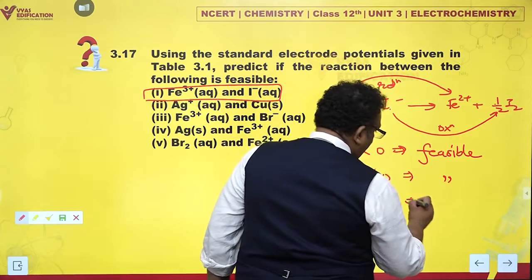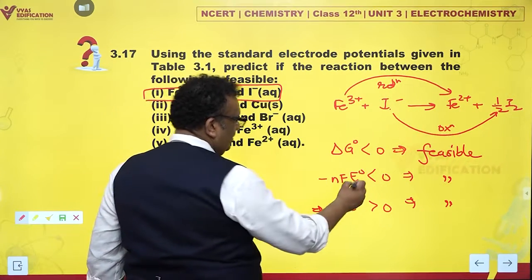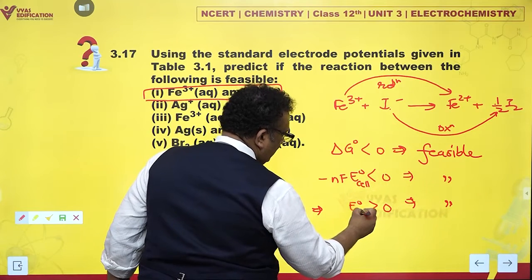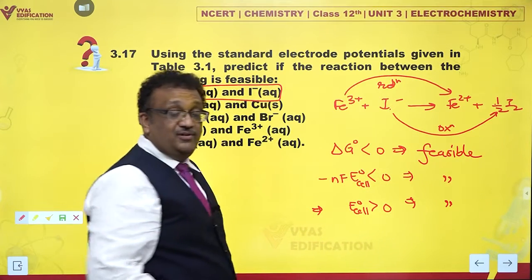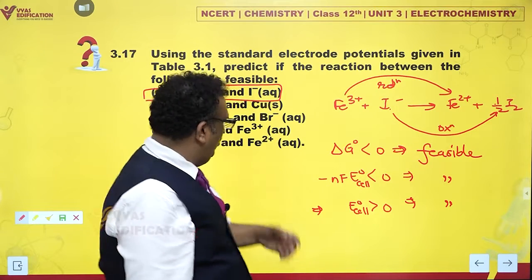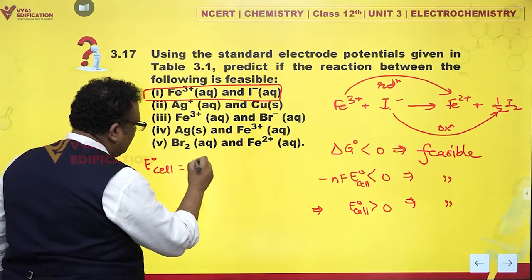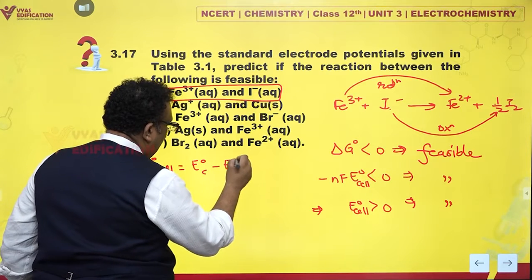That means if the reaction has to be feasible, then E naught cell has to be positive. So all I need to do is to calculate E naught cell. But do I know the formula? Of course. E naught cell is E naught cathode minus E naught anode.